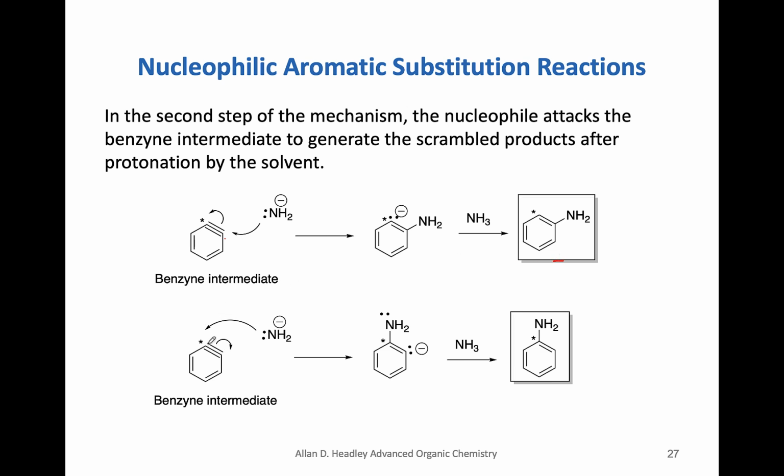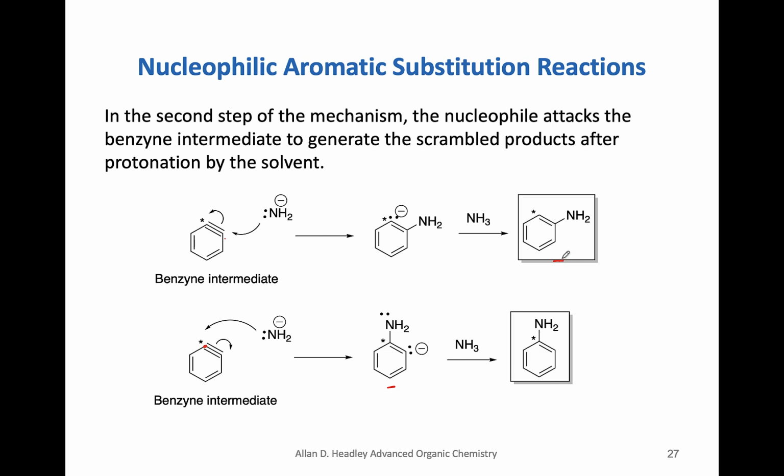Likewise, it can react at this carbon to give this other intermediate, and this would react with a solvent to give this as the other product. So that explains how we can get these two possible products.